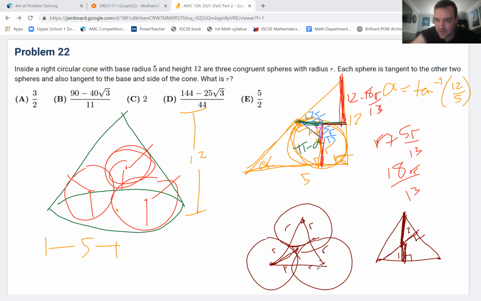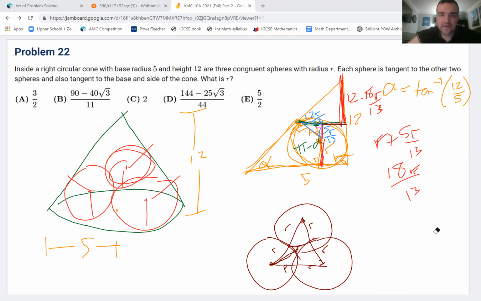So if I can find the height of the triangle, all I have to do is multiply it by 2/3, and that will give me the distance from the vertex to the center. So I need to find the altitude and multiply it by 2/3.